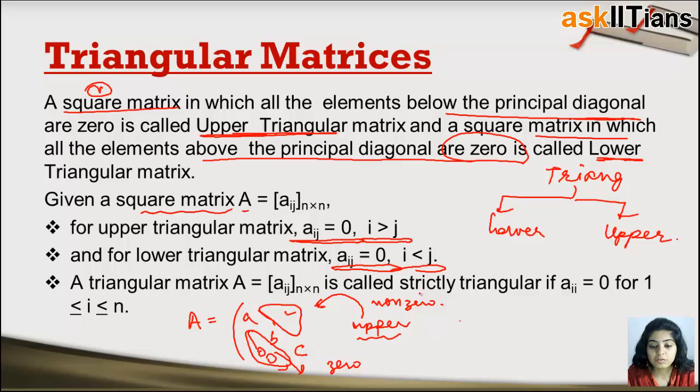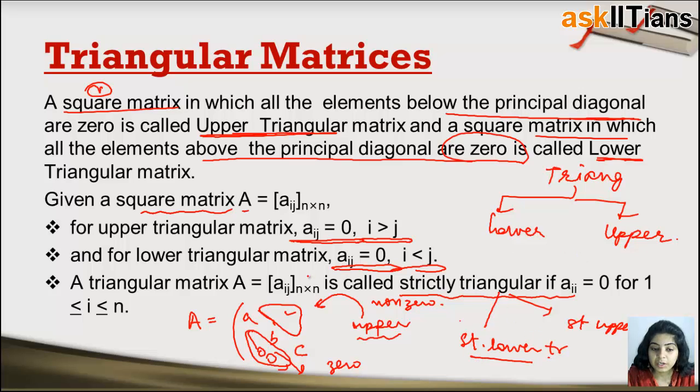Then we have the concept of strictly triangular matrix. Similarly as triangular matrix can be divided into two, strictly triangular can also be divided into two, strictly lower triangular and strictly upper triangular. So when we have strictly lower triangular matrix, again the concept of lower triangular matrix will hold good.